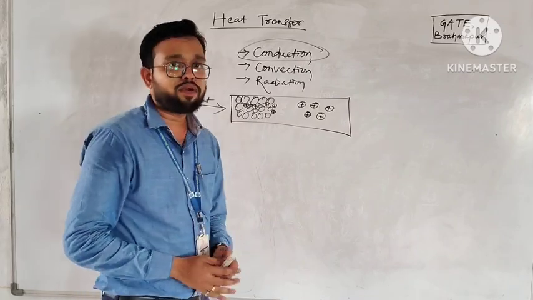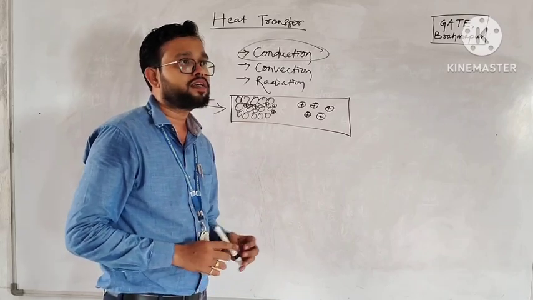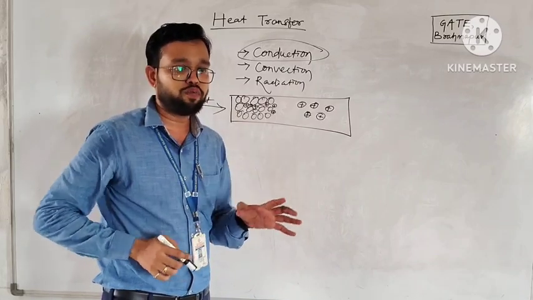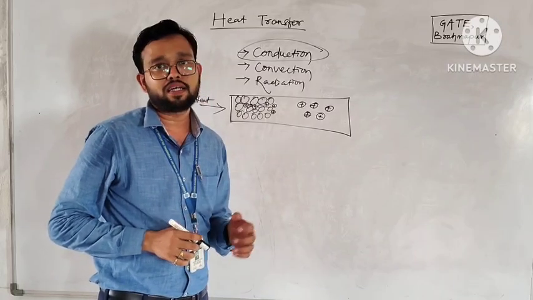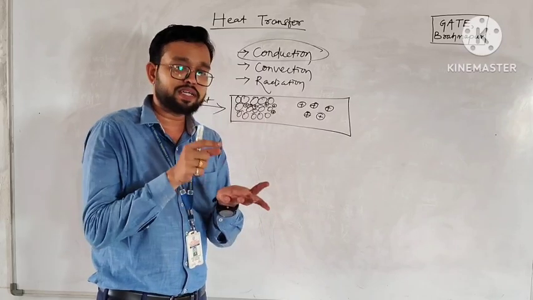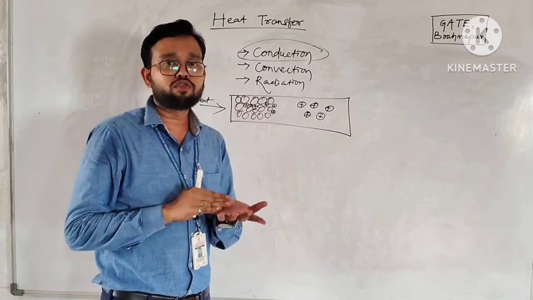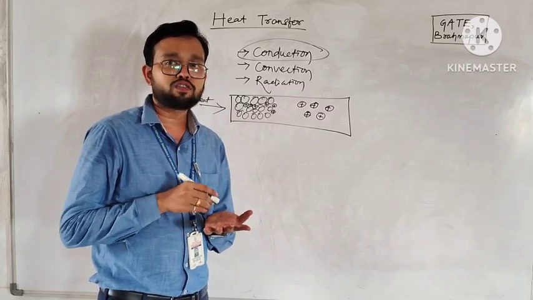So what are the examples of heat conduction? In our daily life, we see this. If we keep an ice cube on our hand, the ice cube will melt. Why? Due to the temperature of our hand, the ice cube will melt.